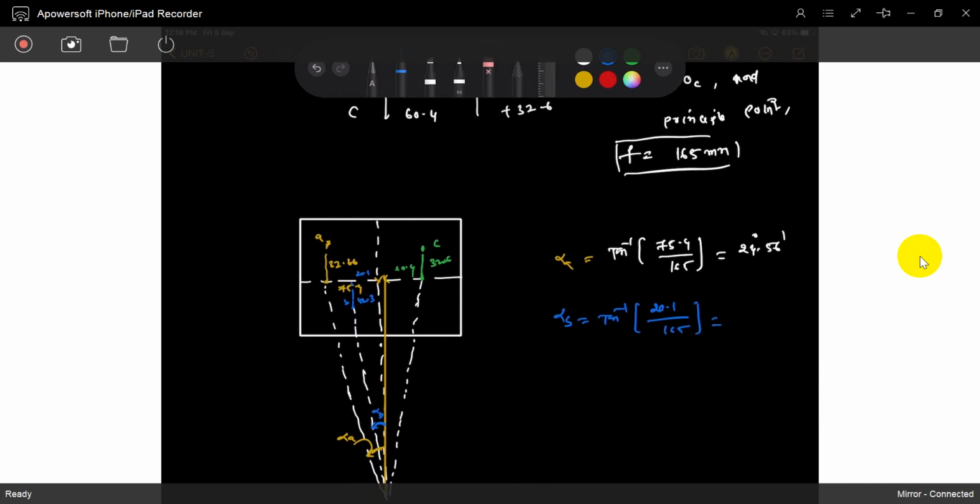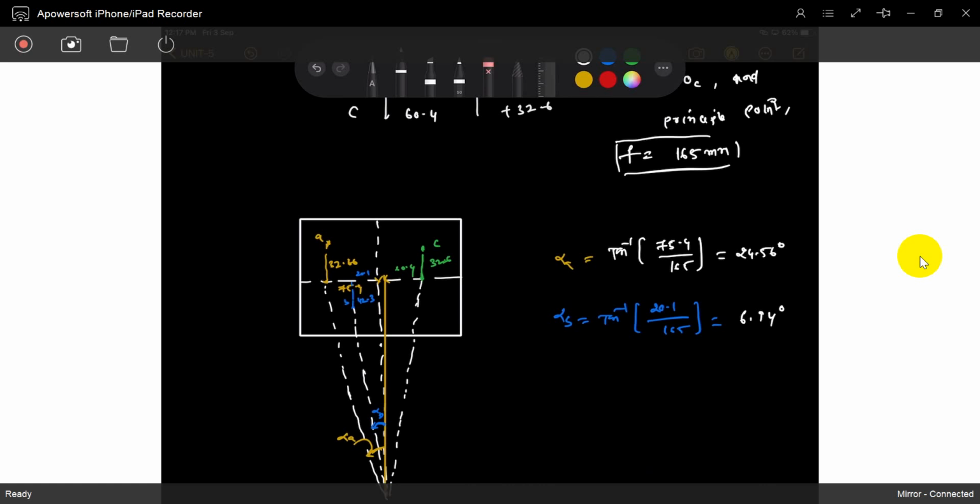What is that? 6 degrees 94 minutes? No, how can you get 94 minutes? Only 60 minutes. So this 24.56 is in degrees; you can convert into degrees and minutes later. So this is 6.94 degrees.